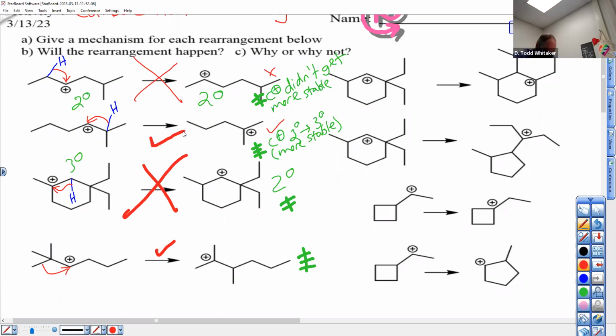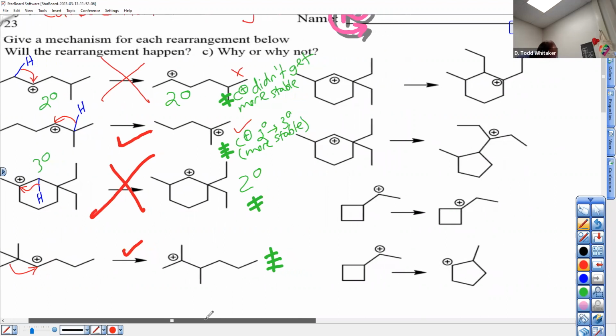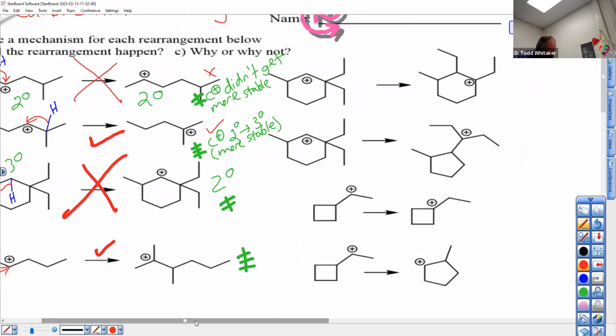And the next one, I think, is another check mark. We're going to move an ethyl group. That next one's nice.